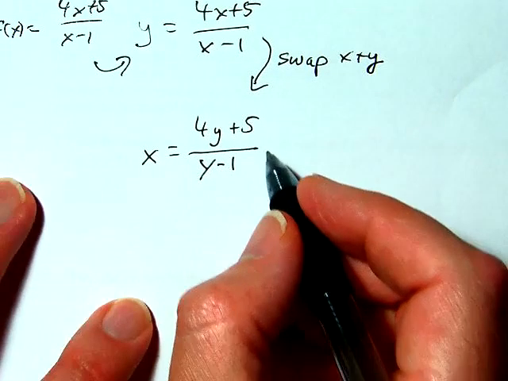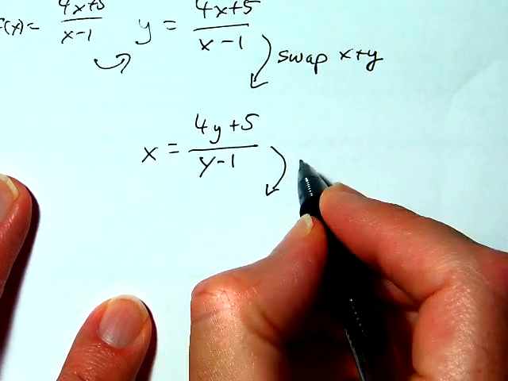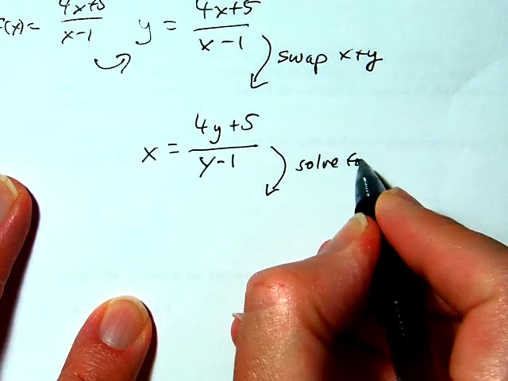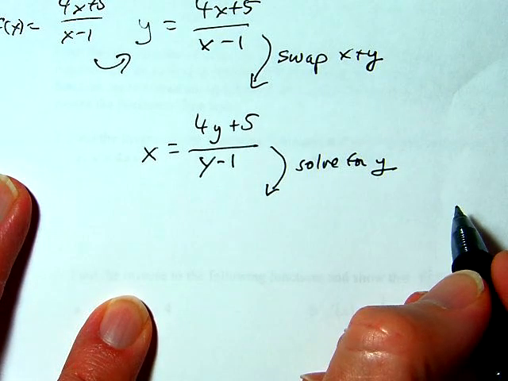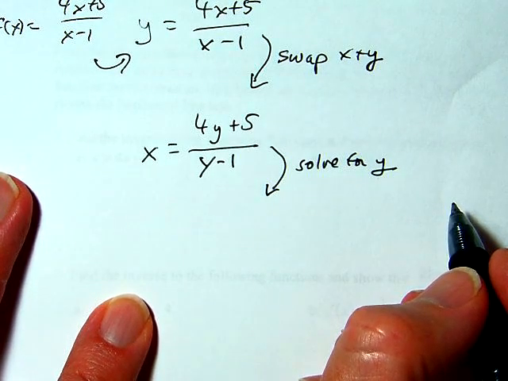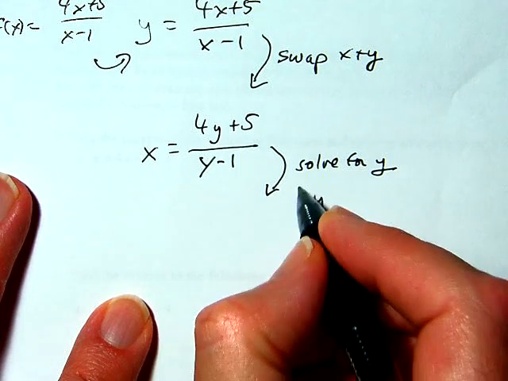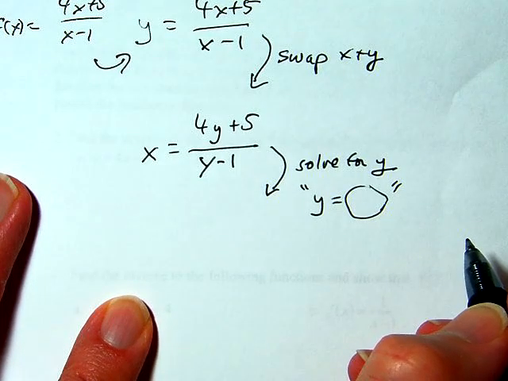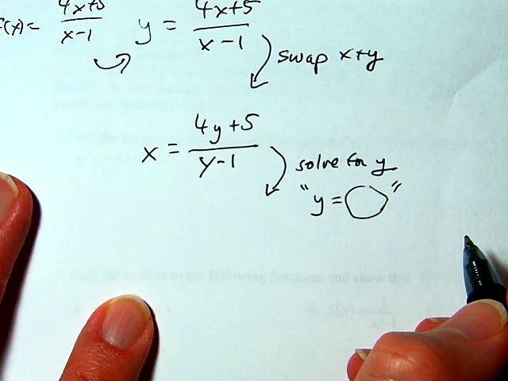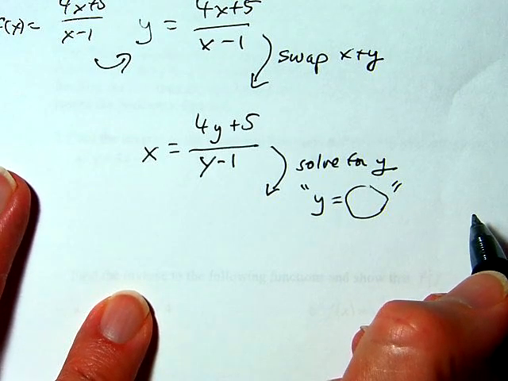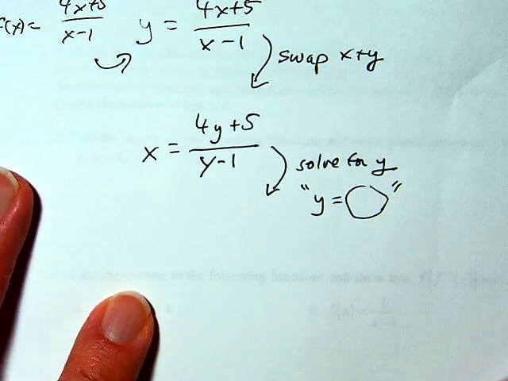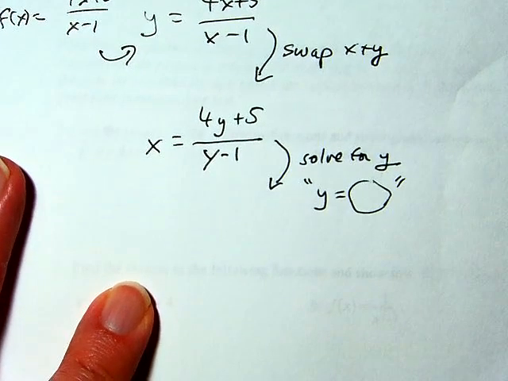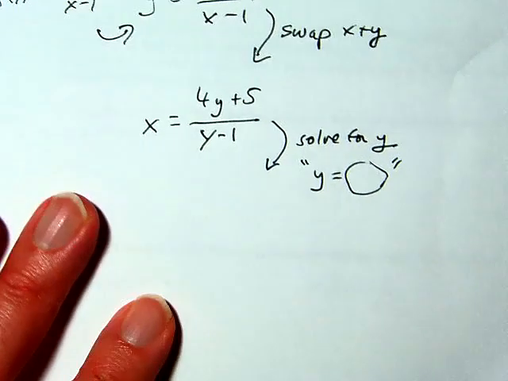The next step, which is often the hardest, is to solve for y. You have to solve for y explicitly. You can only have a y equals on the left side of the equation and then some function of x on the right. In some cases, as we'll see in this case, it could be a bit tricky, but it usually can be done if you use all the algebraic tricks that you know.